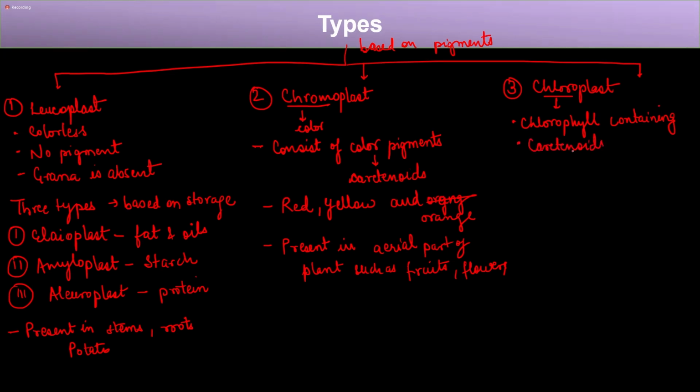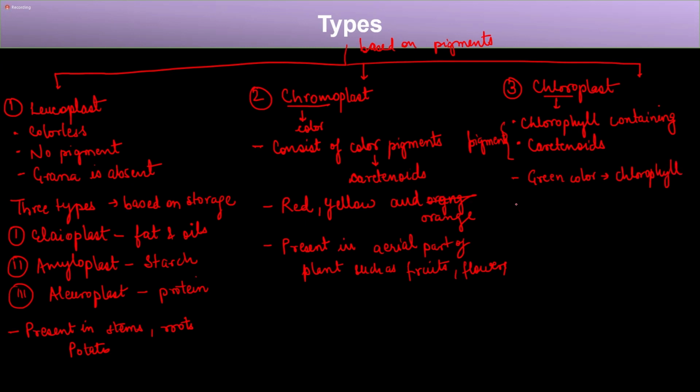So the chloroplast comprises two pigments, chlorophyll and carotenoids. Because of chlorophyll, the chloroplasts are green in color.